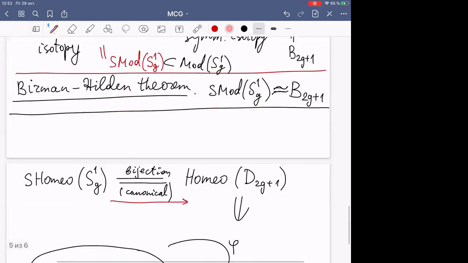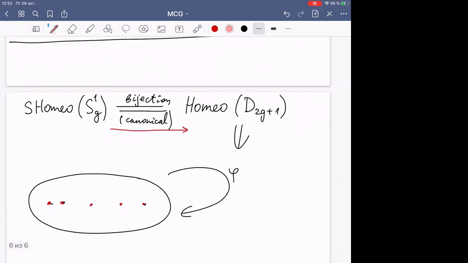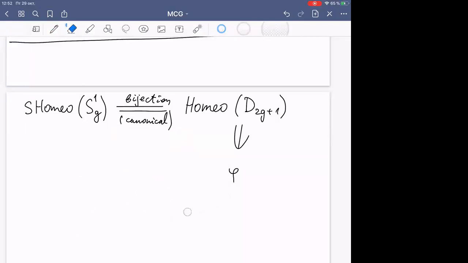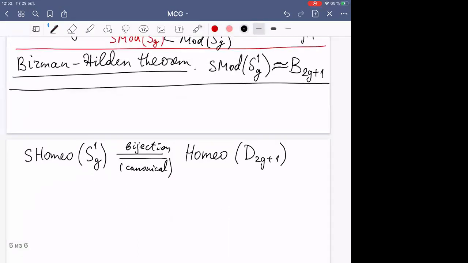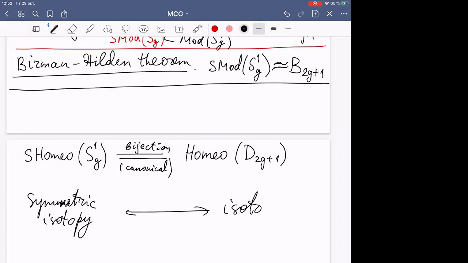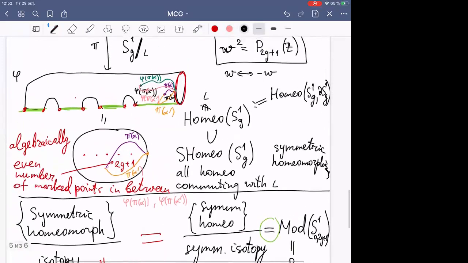So we actually have this bijection on the level of homeomorphisms. It is not on the level of mapping classes, but just on the level of homeomorphisms. And of course, symmetric isotopy here is just the same as isotopy here. This is completely trivial.